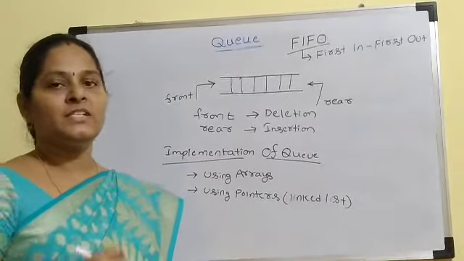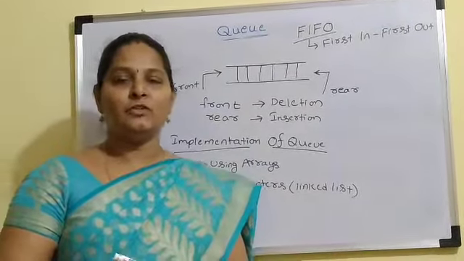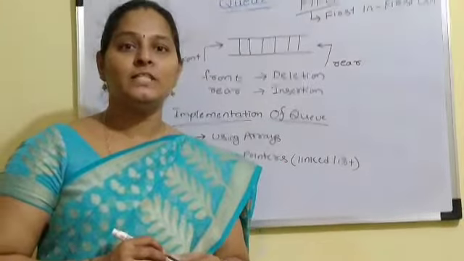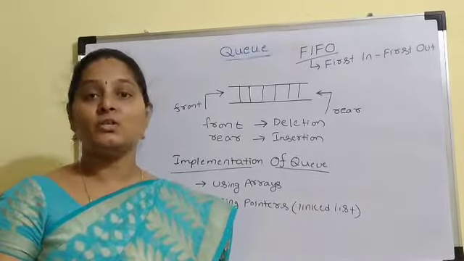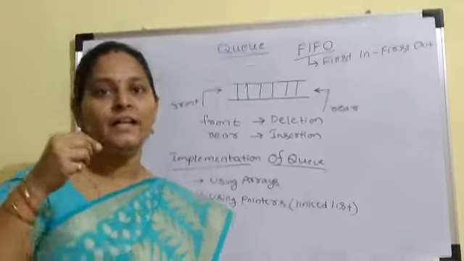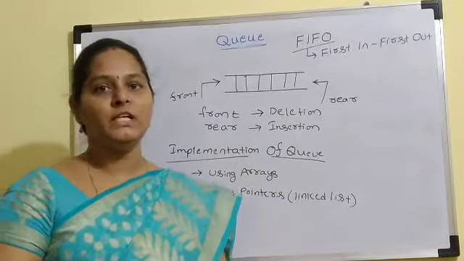Okay. So if you see the real-time examples for this queue data structure, if you see a queue at railway reservation systems or a queue at any ticket counter systems. So who will enter in the queue first, that person only will get the ticket first. So that is one of the best real-time examples for queue.